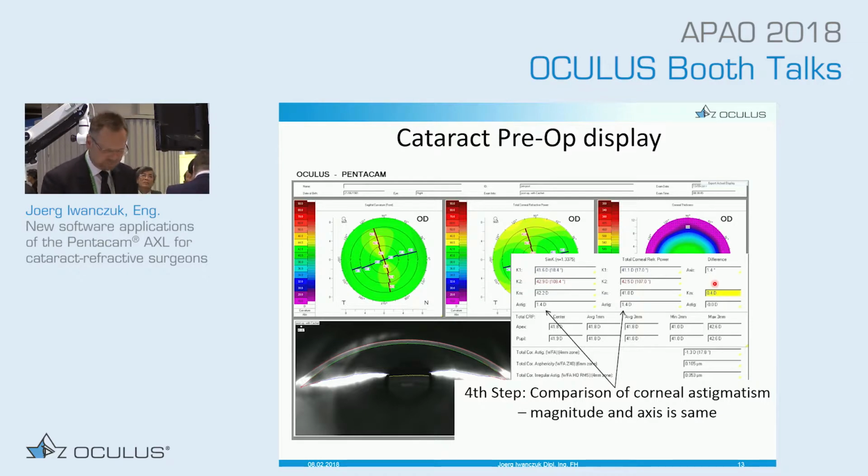This is nothing, yeah. And also the average of the difference between the magnitude of the astigmatism, anterior surface to total corneal power, is in this example exactly the same. But there are cases where it is different. And now you have a basis that you can go into the discussion with the patient.